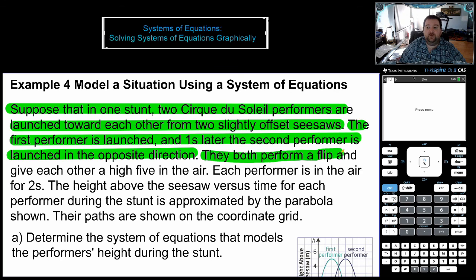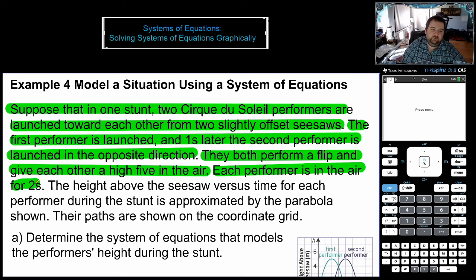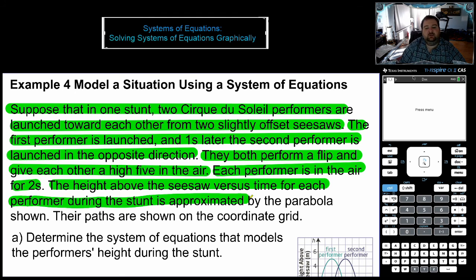They both perform a flip, and then they give each other a high five in the air. Each performer is in the air for roughly 2 seconds. The height above the seesaws versus time, so seesaw height is going to be on the y-axis and time on the x-axis, for each performer during the stunt is approximated by the parabola shown.